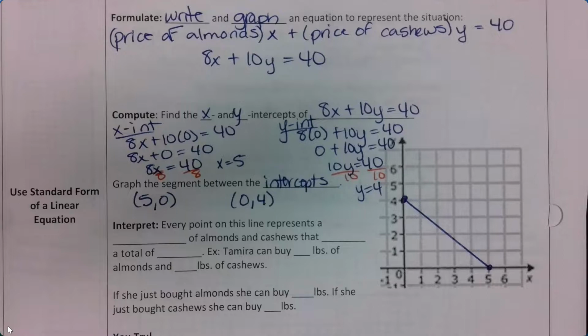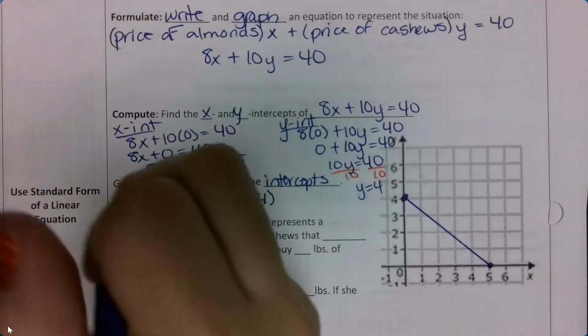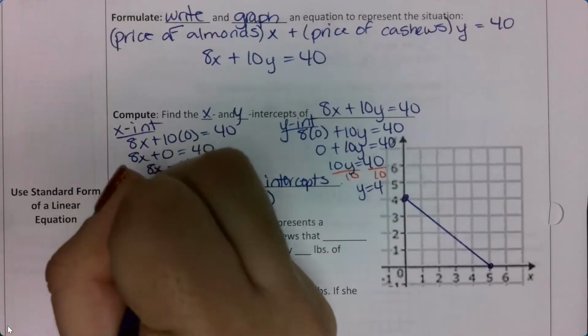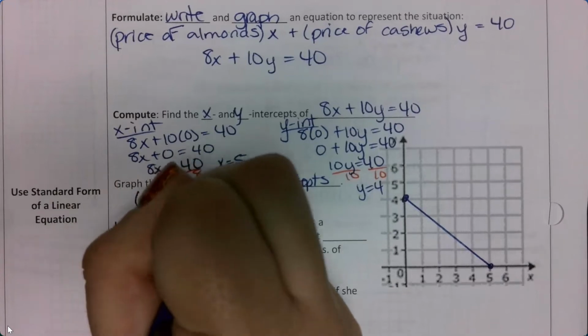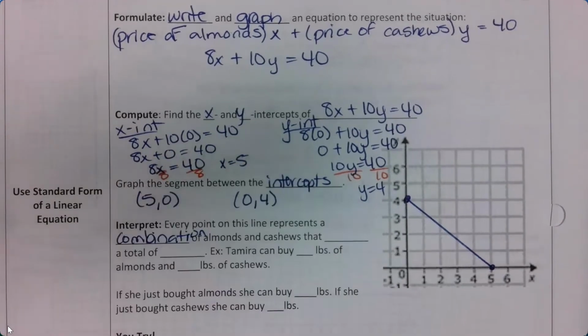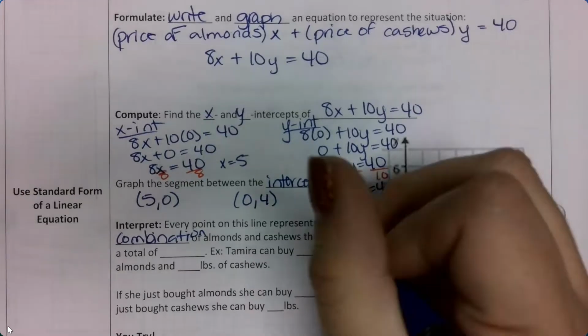Okay, so every point on this line represents a combination of almonds and cashews that cost a total of $40.